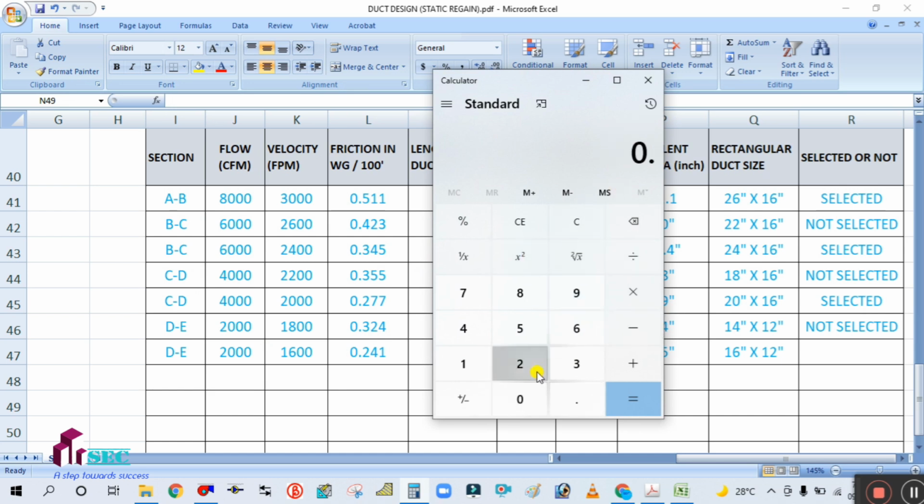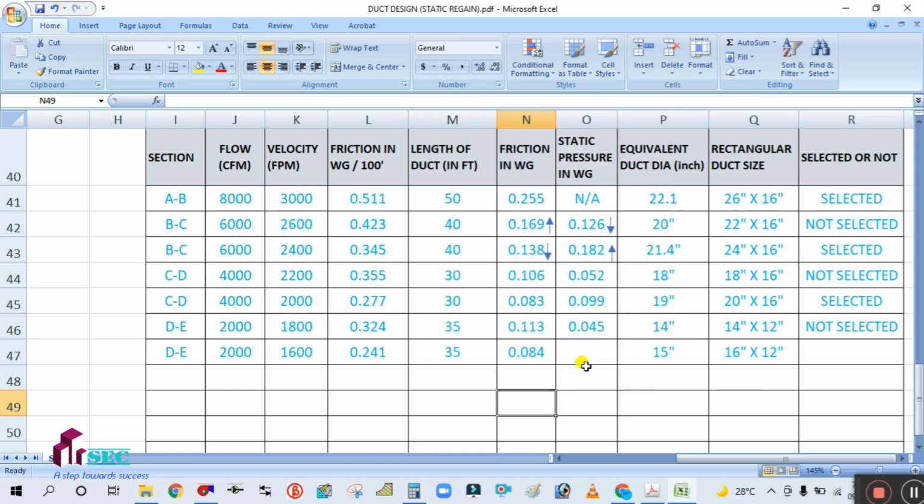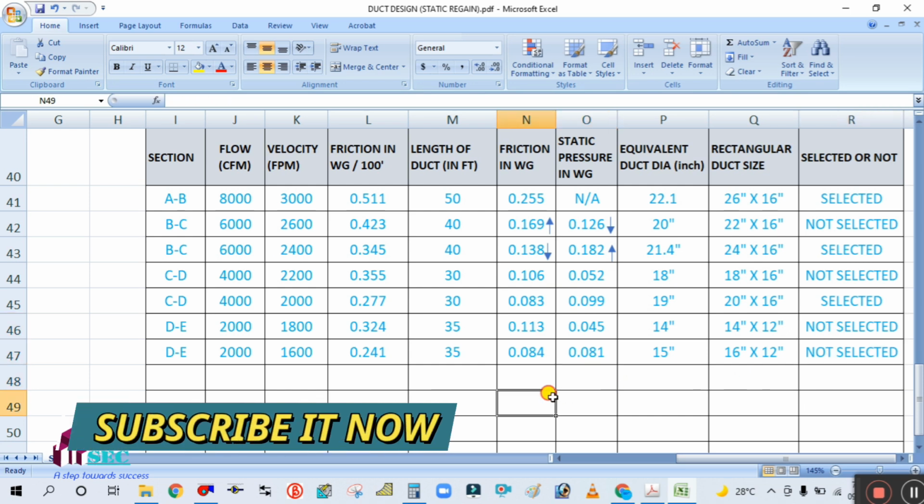So 0.25 minus 0.16, into 0.9, is 0.081. Again this static pressure is a minor bit less than the friction loss 0.084, so 0.081. So this is again not accepted.